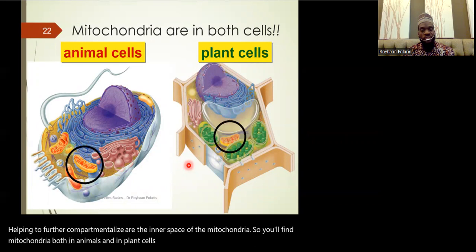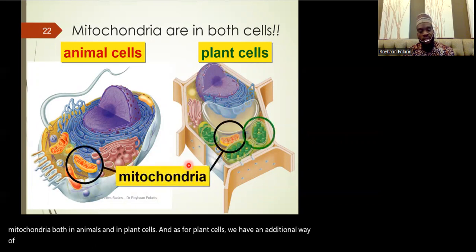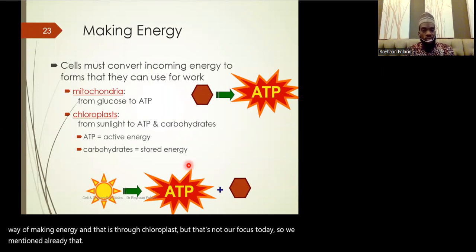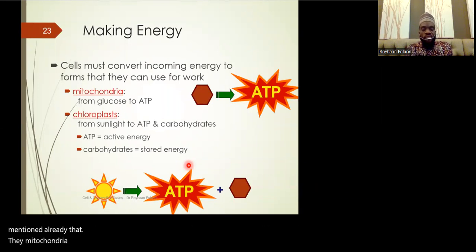So you find mitochondria both in animals and in plant cells. And as for plant cells, they have an additional way of making energy, and that is through chloroplast, but that's not our focus today. So we mentioned already that the mitochondria helps the cell to generate energy, especially in animal cells.